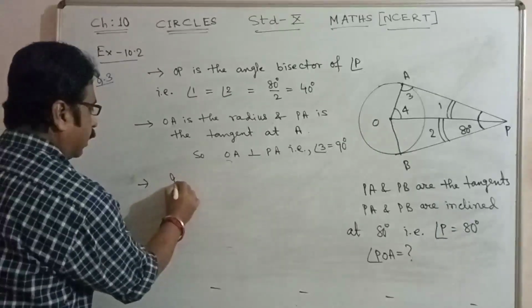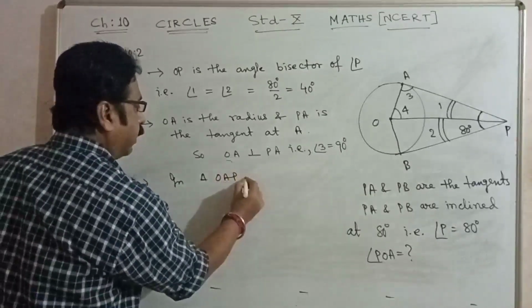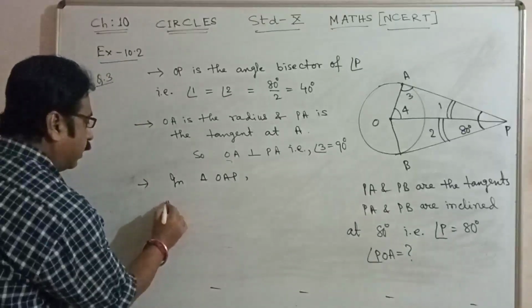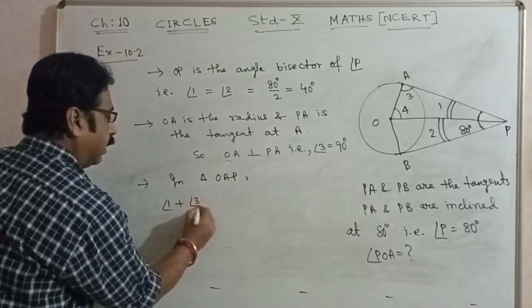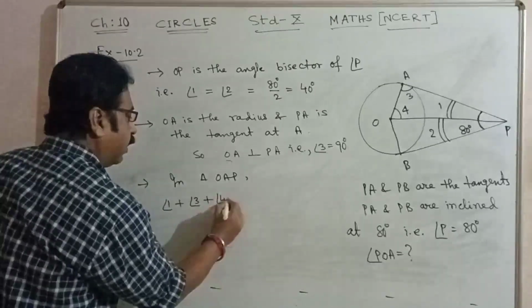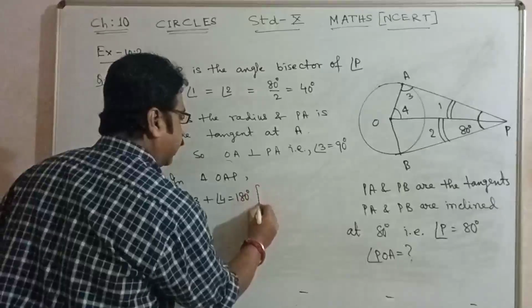In triangle OAP, angle 1 plus angle 3 plus angle 4 equals to 180 degree. Angle sum property.